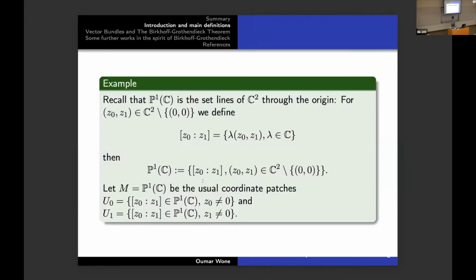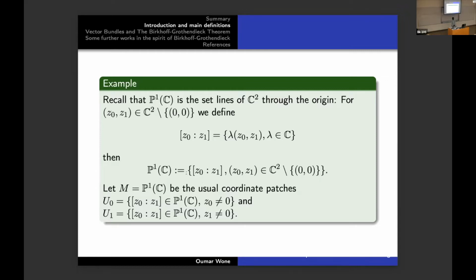Example: the Riemann sphere is P1 of C, so I will give this example. P1C is the set of lines of C2 through the origin. This means that we take a non-zero vector in C2 and we take its multiples.